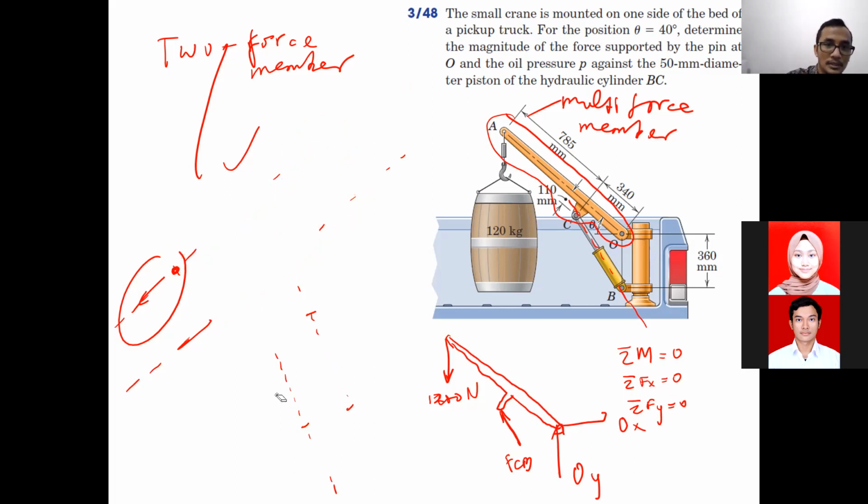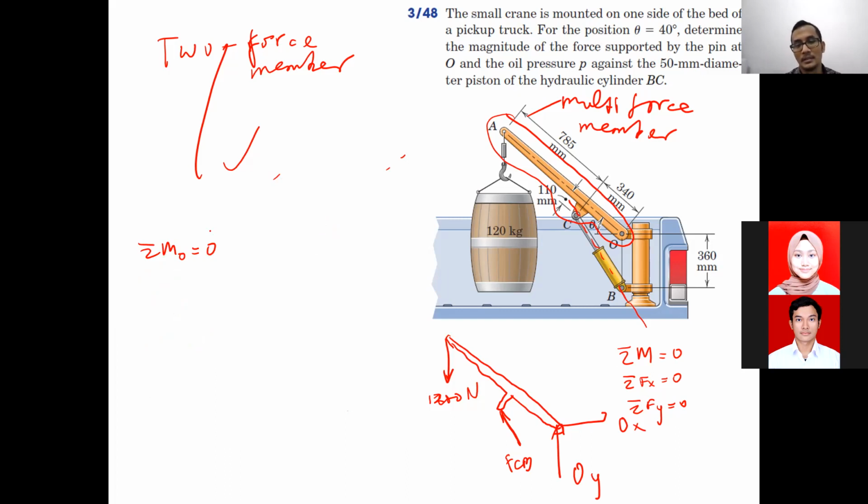Sebentar, saya hapus dulu ya. Oke, sigma momen di O sama dengan 0. Kita bisa selesaikan FCB.